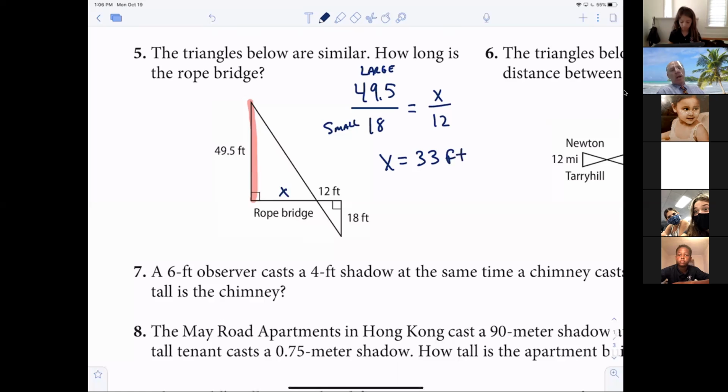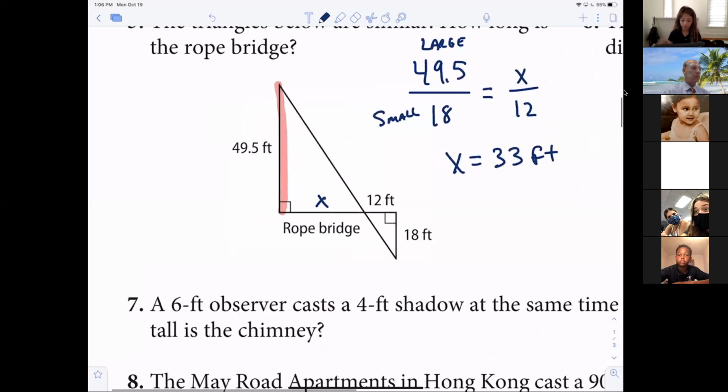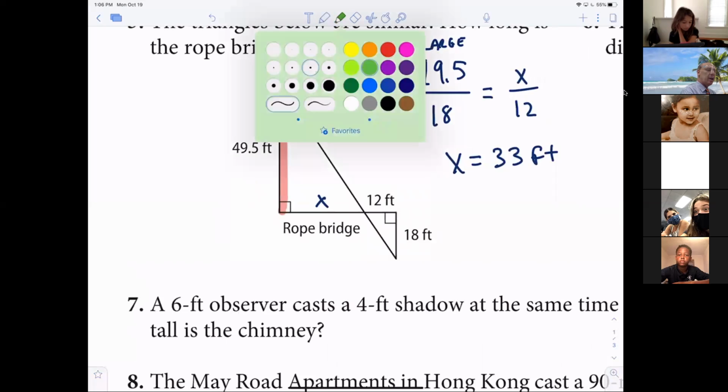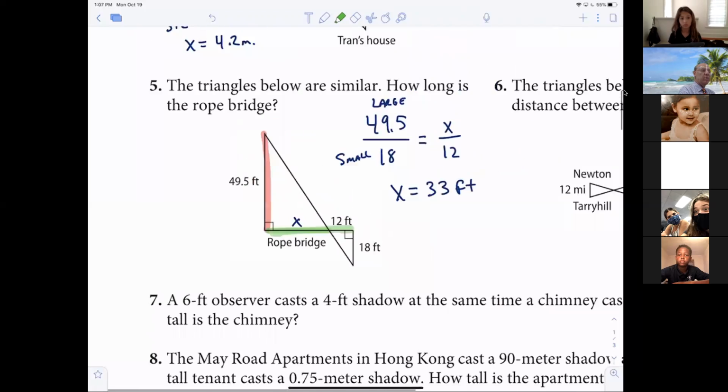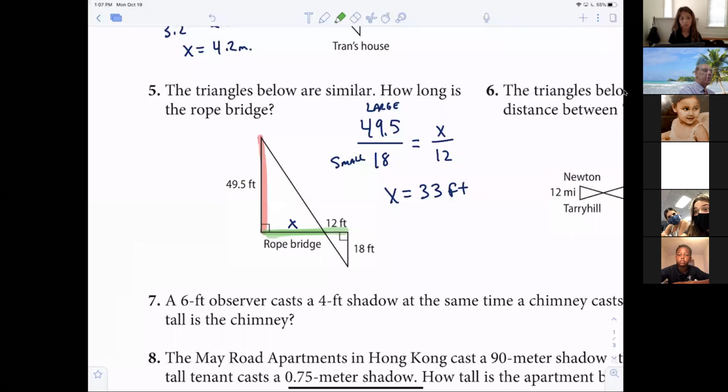Now listen, what I need to do is figure out how long the rope bridge is. To me, this was a little tricky. I'm not sure if they meant this is the rope bridge here or this is the whole rope bridge. So if you said 33 feet, you can give yourself a check.